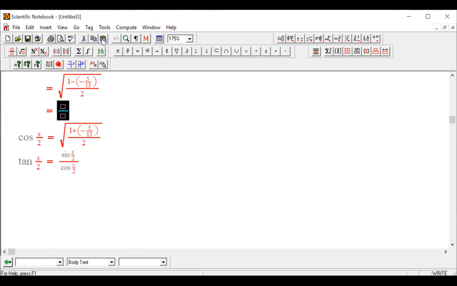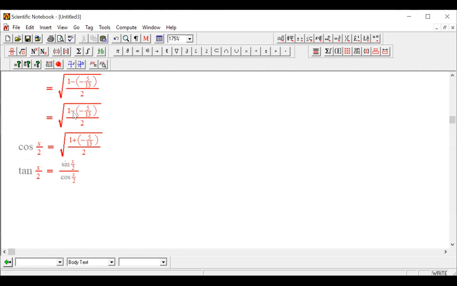So let's continue. 1 minus negative 5 over 13, that will be 1 plus, right? That'll be 1 plus 5 over 13, and make a common denominator, 13 over 13.